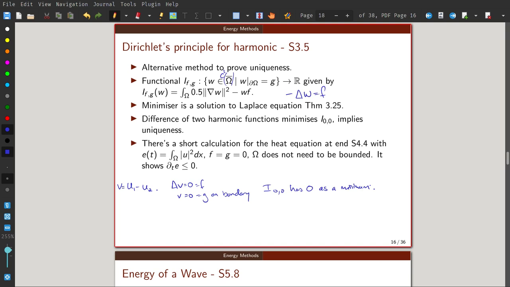Okay. There's also a short calculation at the end of section 4.4 defining the heat of a solution to the heat equation for a body, the total heat of a body, as the square of the temperature of the body, summed up over the whole object.